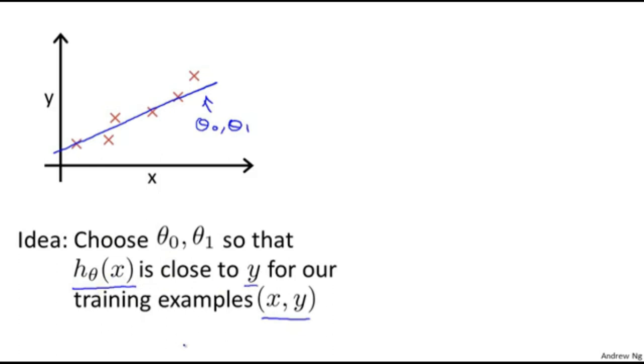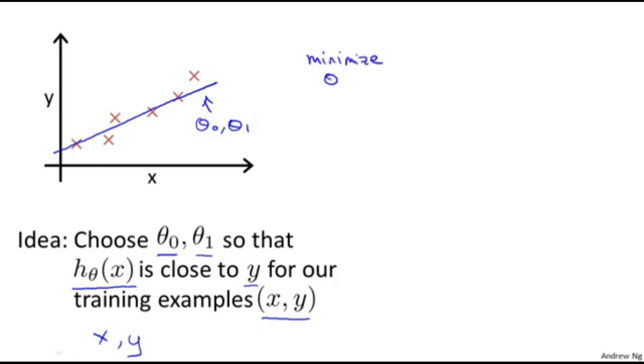So in our training set, we're given a number of examples where we know x, the size of the house, and we know the actual price it was sold for. So let's try to choose values for the parameters so that at least in the training set, given the x's in the training set, we make reasonably accurate predictions for the y values. Let's formalize this. So in linear regression, I'm going to want to solve a minimization problem.